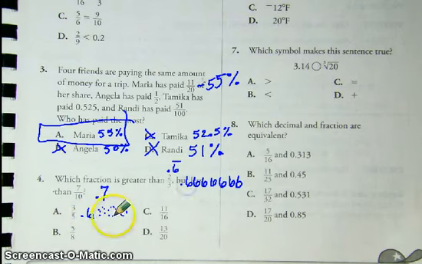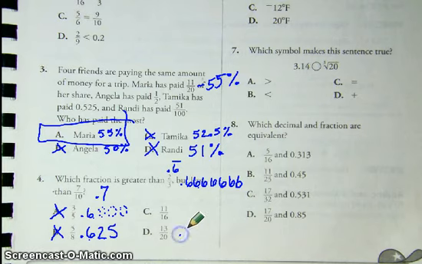Comparing 6 and 6, they're the same, but 0 and 6, the second number, this 0 is smaller than that 6, so it's not bigger than 2/3. 5/8 is 0.625. 6 and 6 here are the same, but the 2 is smaller than the 6 over here, so this is not bigger than 2/3. 13/20, I know I can do this one in my head, so I'm going to go there next. 0.65. 0.65 is smaller than 0.6666666 repeating, so that one's not big enough.